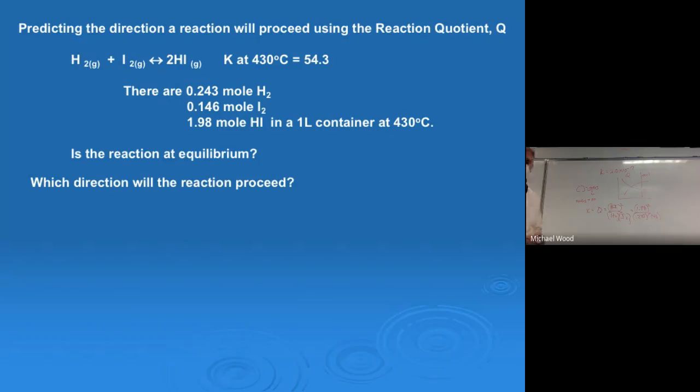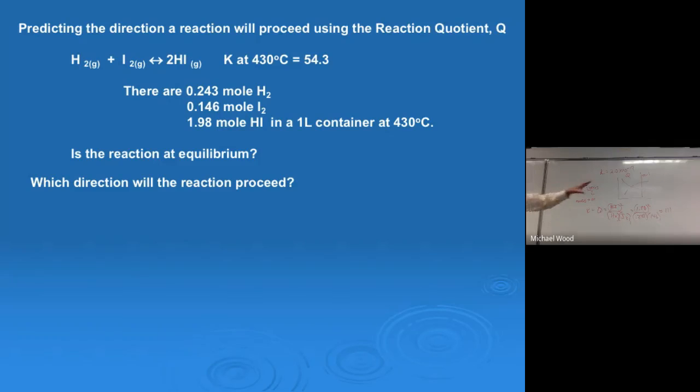So if I go and do that on your calculator, go 1.98 squared, enter, divided by 0.243, enter, divided by 0.146. What I get is 111. Did anybody else get that here at home? Yep. 111, okay. Now we've done that.